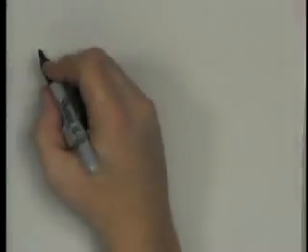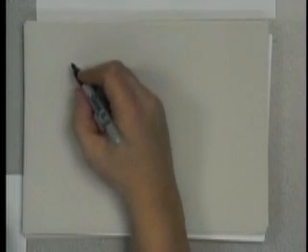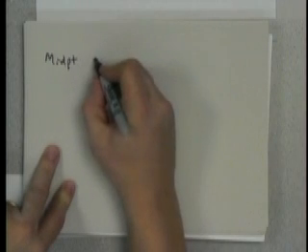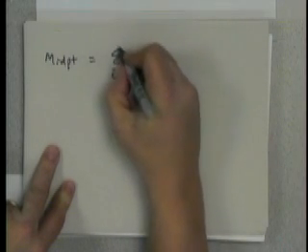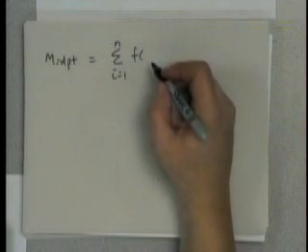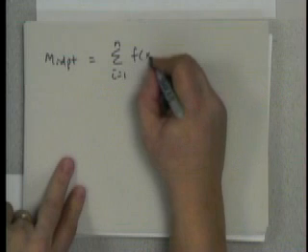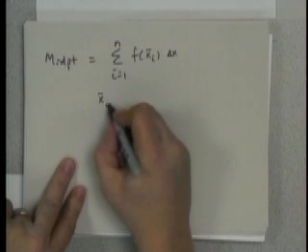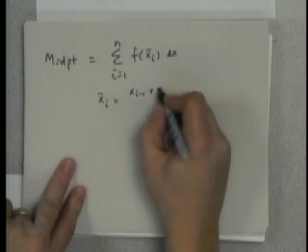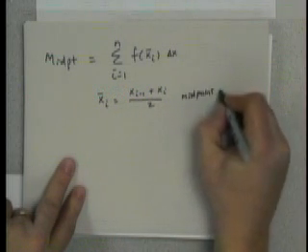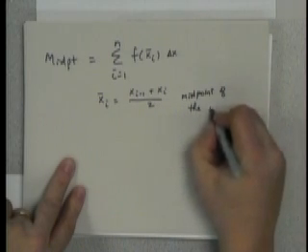Instead of using the endpoints, it is going to be the summation i equals 1 to n of f of x bar sub i times delta x, where x bar sub i is x sub i minus 1 plus x sub i over 2, the midpoint of the ith interval.